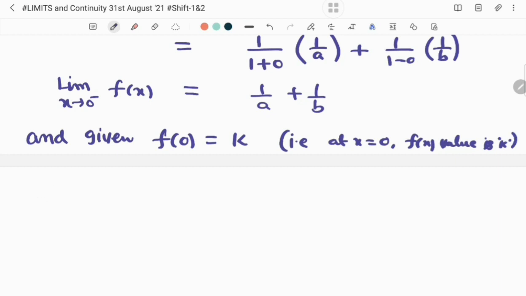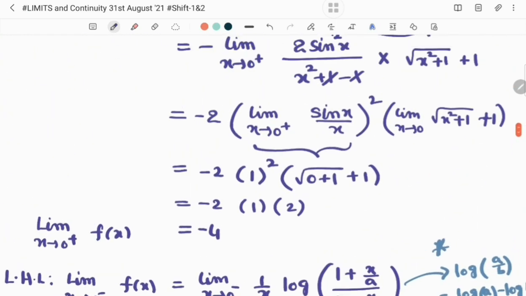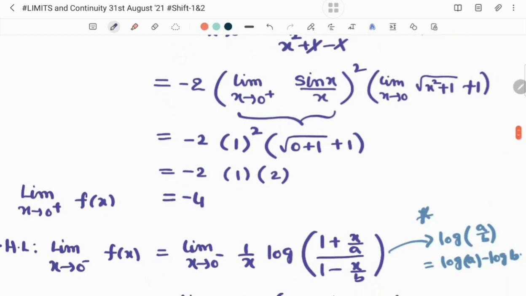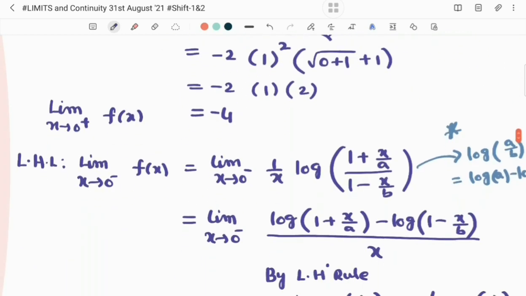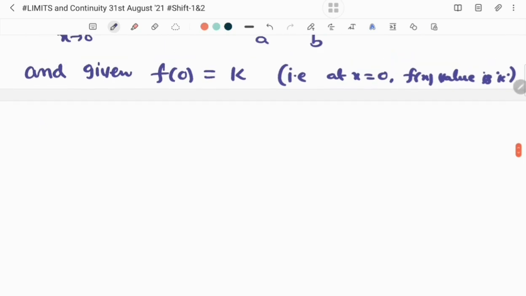Now substitute LHL, RHL. What is RHL value? This is the RHL value, minus 4. So RHL is minus 4, LHL is 1 by a plus 1 by b, which is equal to f of 0, which is k.